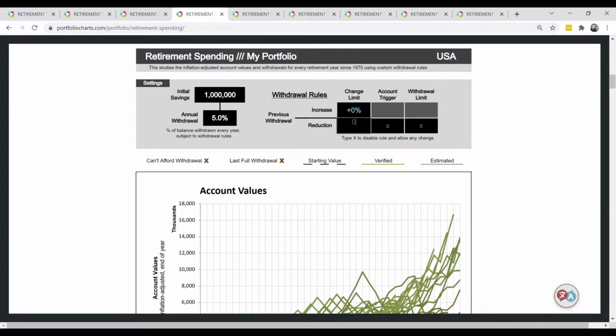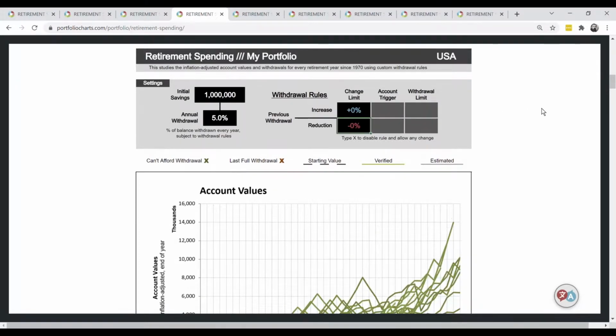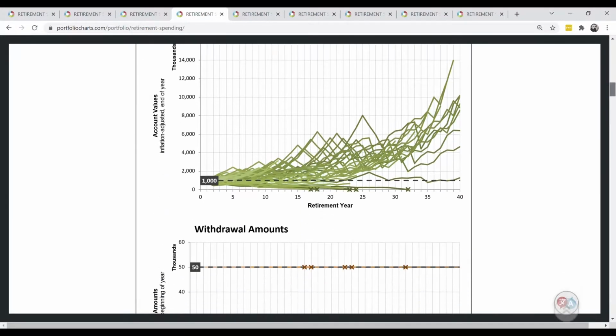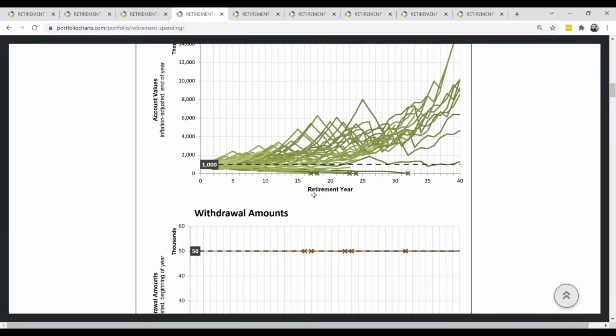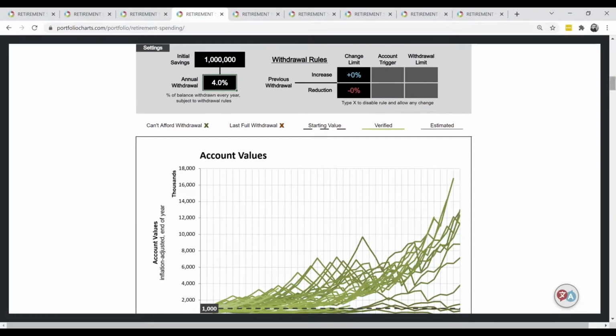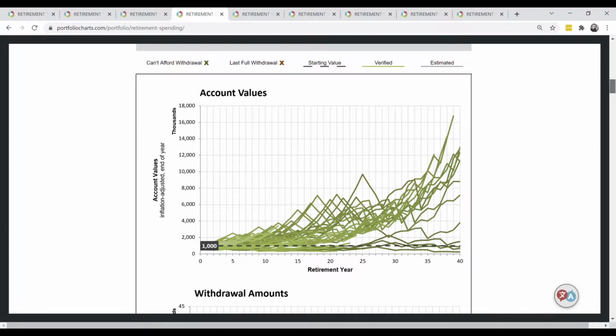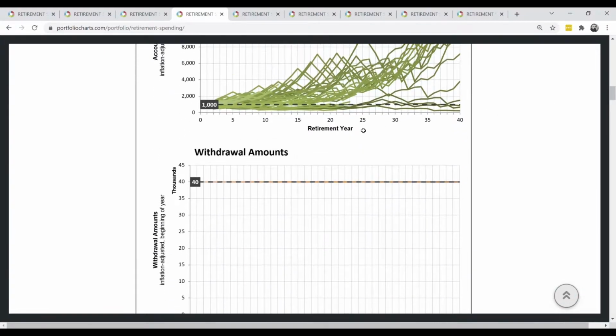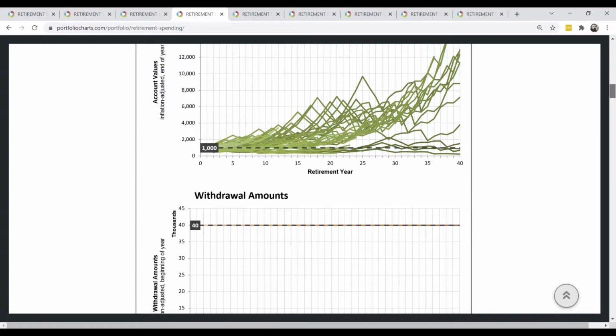If you tried 5% constant, you can see it begins to fail in 18 years and fails several times there. And so you would need to reduce it. I think it probably survives at 4. Yeah. Although it looks pretty ugly in some scenarios with respect to that.